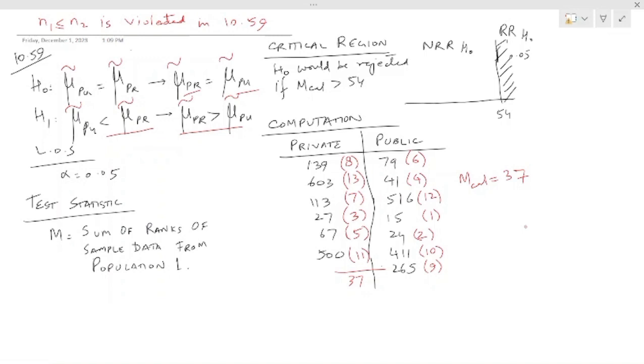Since we are using negation, there is no need to use the negation again. So the median number of volumes held by the public colleges and universities is less than that of private colleges and universities, and the data do not provide any such evidence. Okay, so that's all for this session.